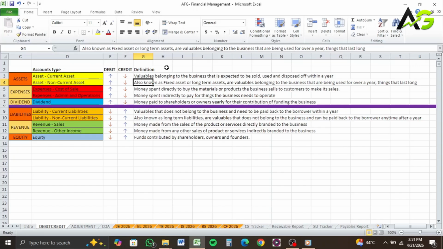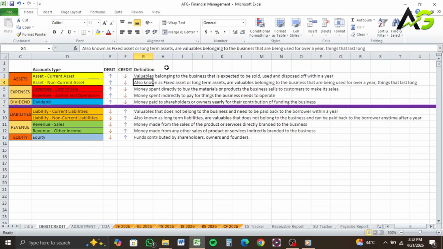Like for example, if one of their customers has not paid but they have delivered the goods that the customer has ordered, delivered it on credit, that's a receivable. You are still expecting the money. So the reason why it's in a year is because you don't expect the customer to pay anytime after one year. You are definitely expecting that money within a year. So those things are current.